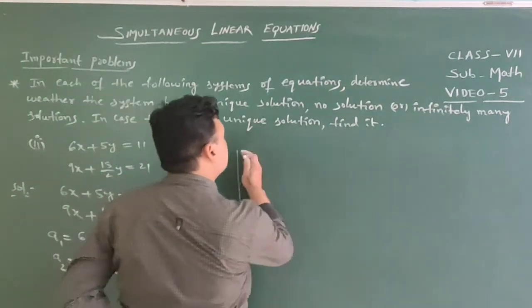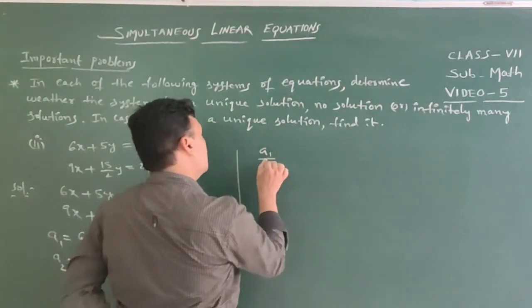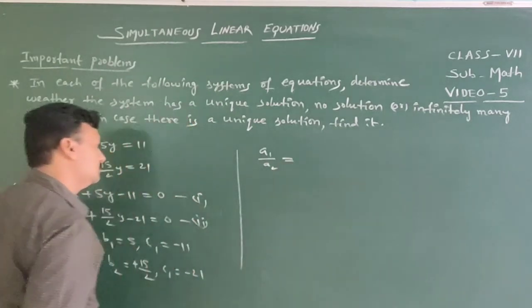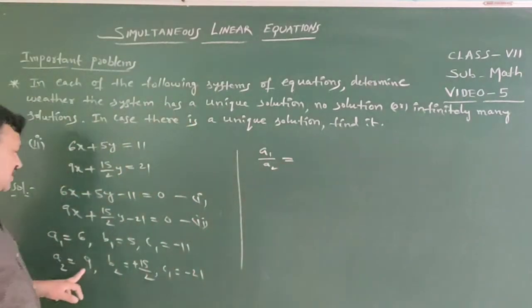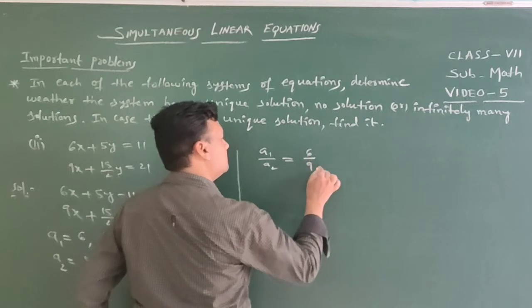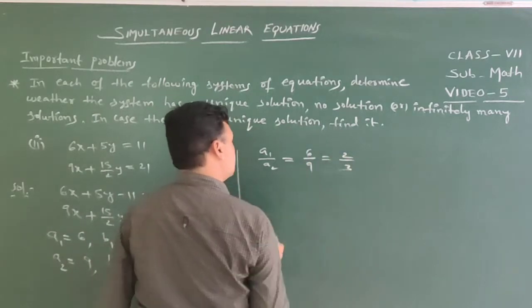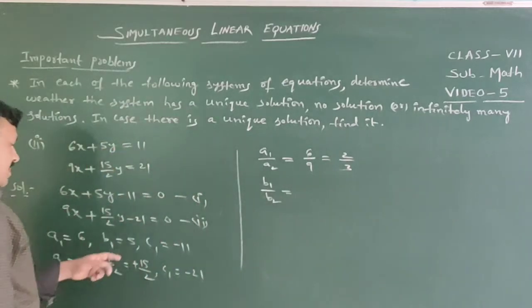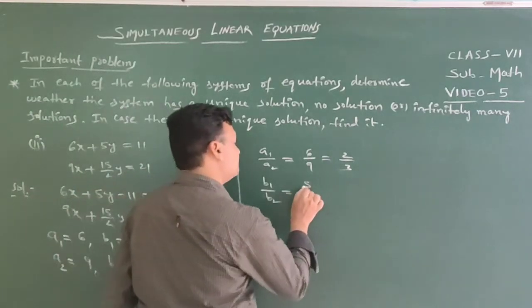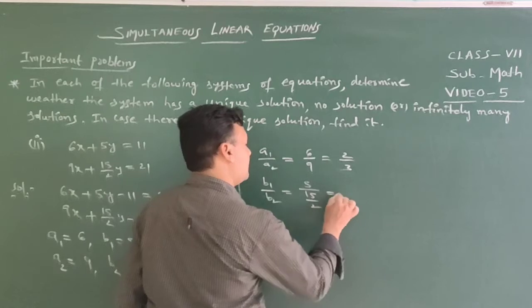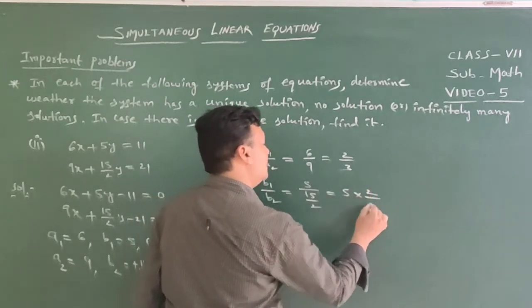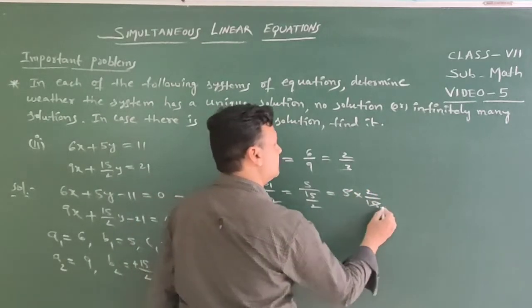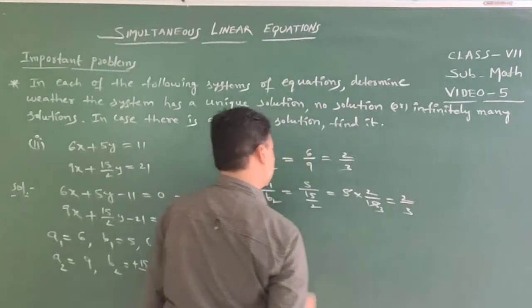Now a1 by a2 is 6 by 9, that is 2 by 3. b1 by b2 is 5 by 15 by 2, which is 5 into 2 by 15, that is 2 by 3.